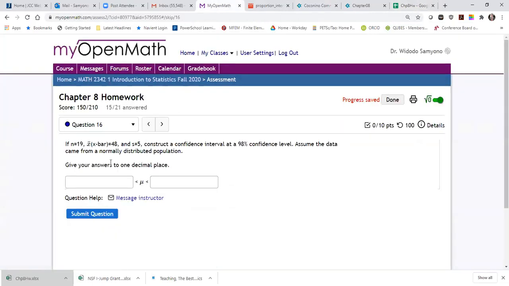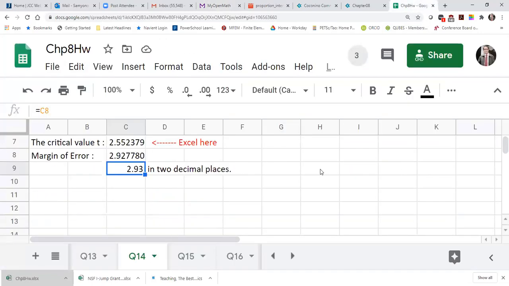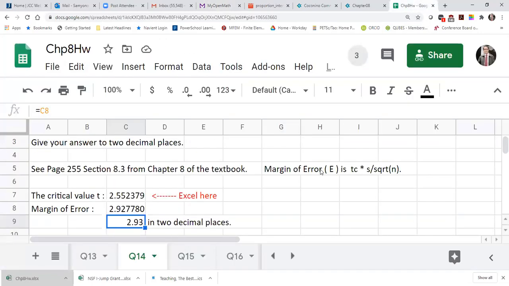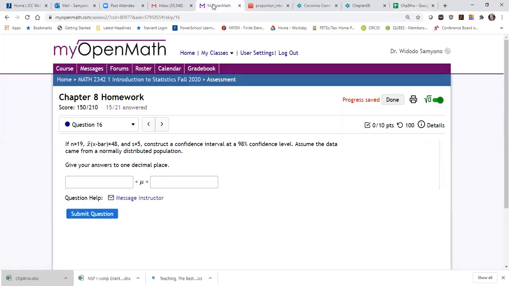So now you need to find the confidence interval. So you need to go down. Oops. What am I doing here? Okay, sorry. I should go to number 16.